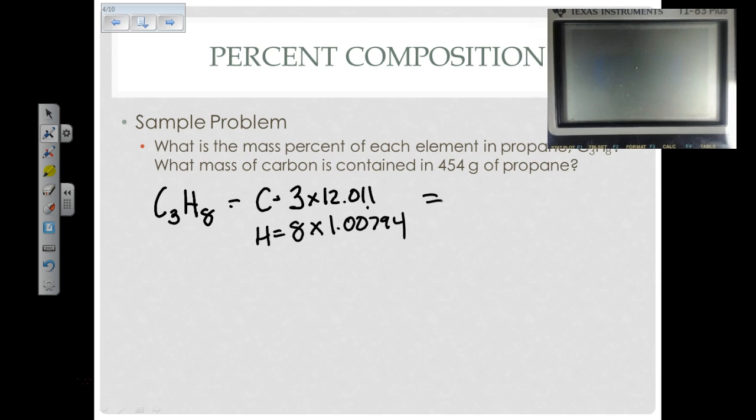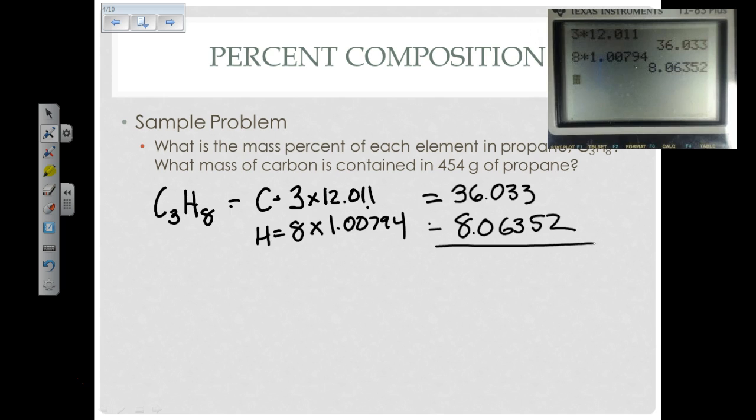Now I have my calculator out, so I'm going to go 3 times 12.011, and that equals 36.033, and then 8 times 1.00794, and that's going to be 8.06352.